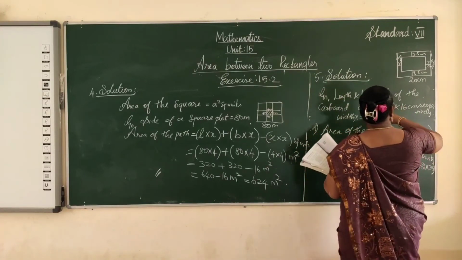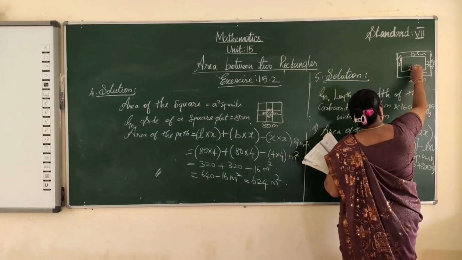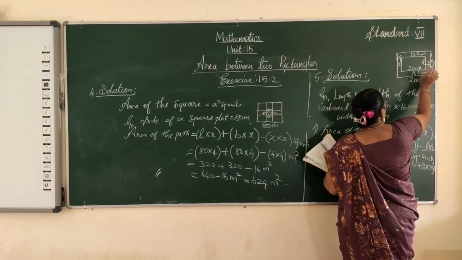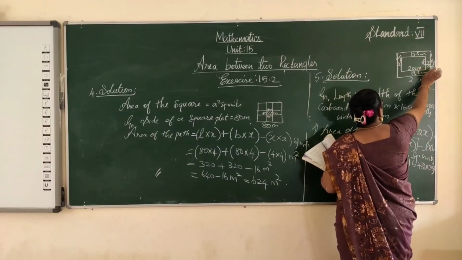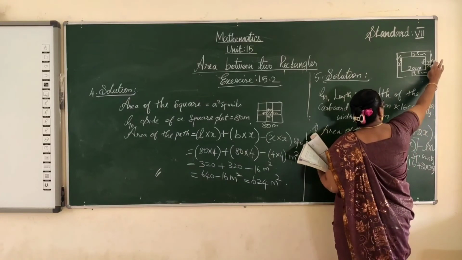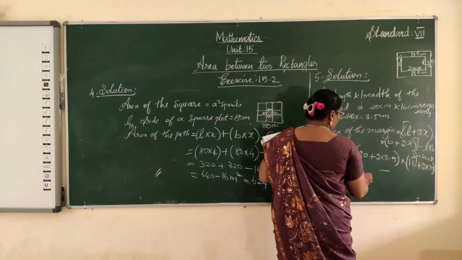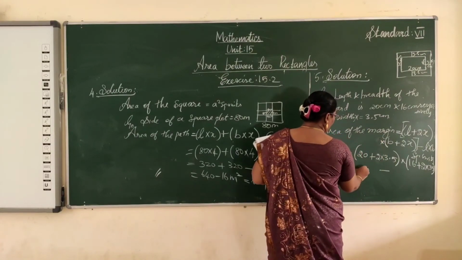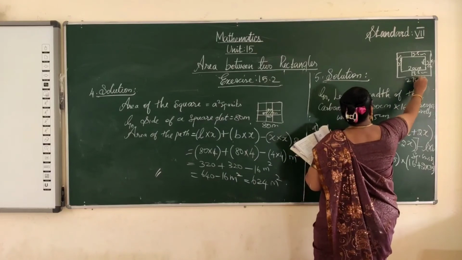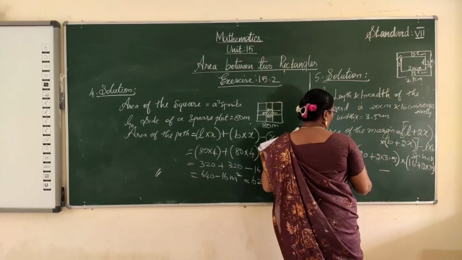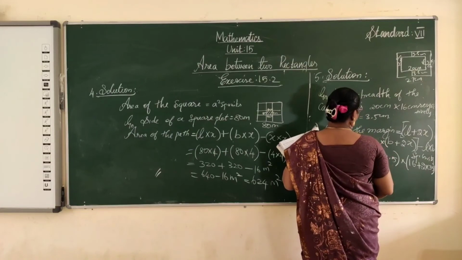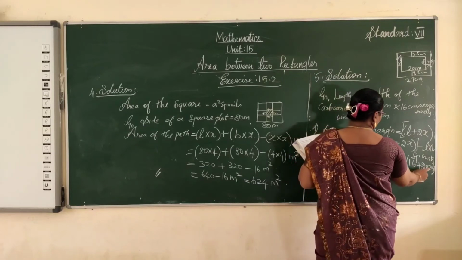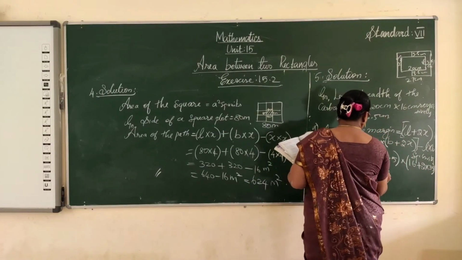So inner rectangle value was 20 centimeter, here 16 centimeter. Okay, here we have to calculate and write. So length of the outer rectangle is what we get, 27 centimeter. And then 16 plus 7, 23.